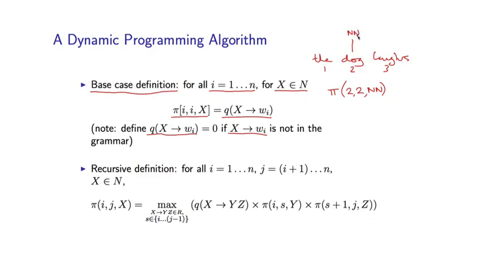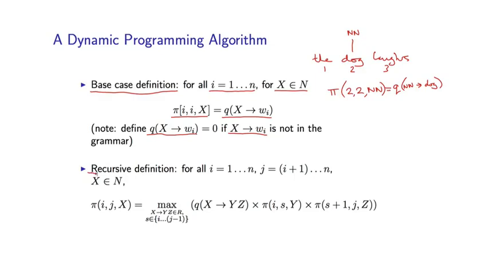There's only one possible parse tree, the parse tree with the single rule NN goes to dog. And so this is going to have the value of the probability of NN goes to dog. So that's a very simple case. And if there is no such rule in the grammar, we just define this to be equal to 0, reflecting the fact that the maximum probability is then 0 of any tree spanning the single word dog with NN as its root. So that's the base case of the dynamic program.